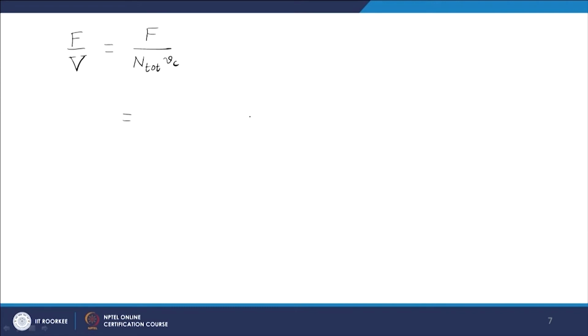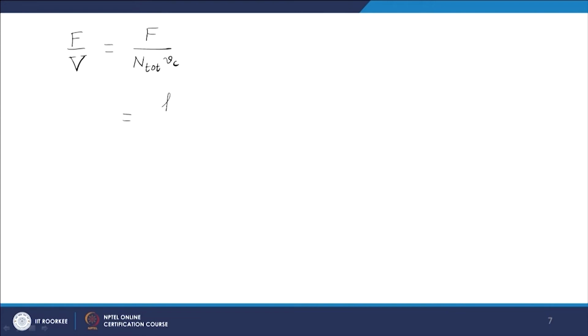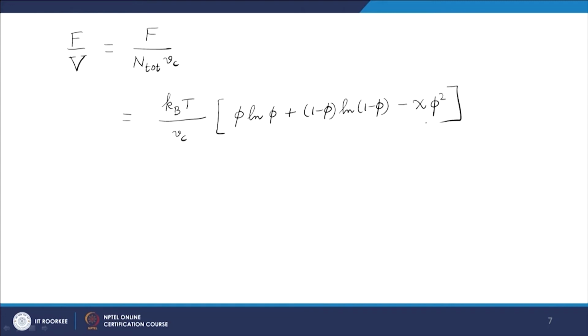So we have cancellation of N tot in this expression, and what we get is kBT by Vc times [phi ln phi + (1 − phi) ln(1 − phi) − chi phi squared]. Okay. So this is what we have got after we have dropped the linear terms in the energy expression.